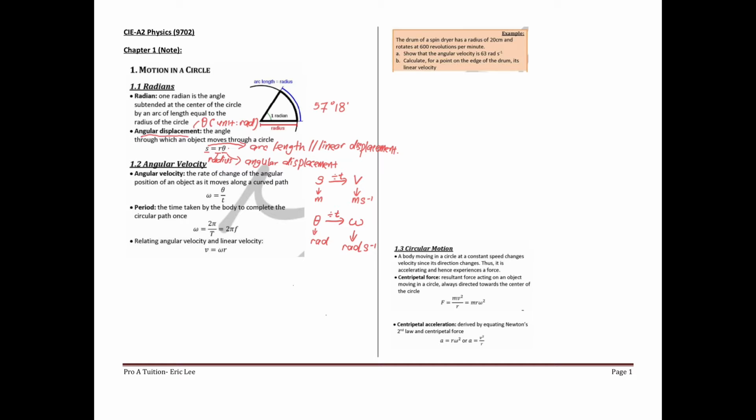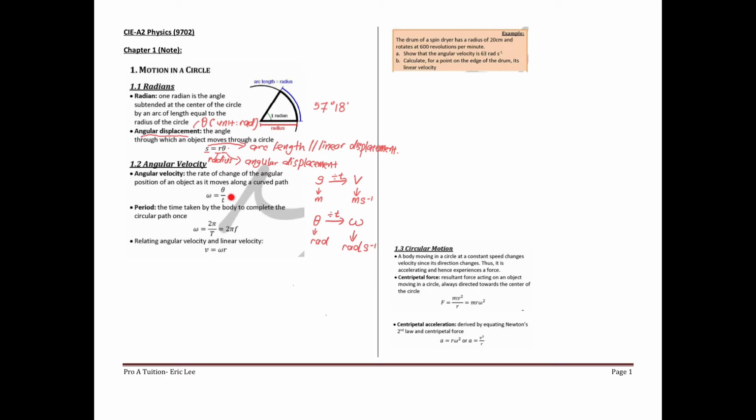So let's look at the formula here. As you can see, the formula is written as omega equal to theta over t. Based on the explanation here, it should be reasonable. Theta is the angular displacement, the unit is radian, and the t here is the time.